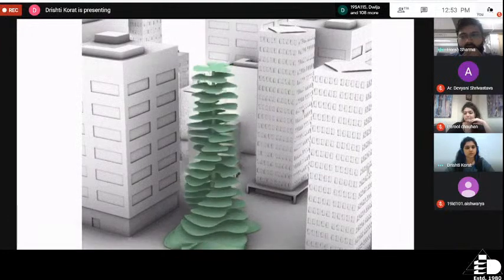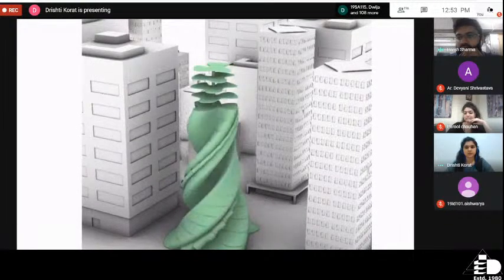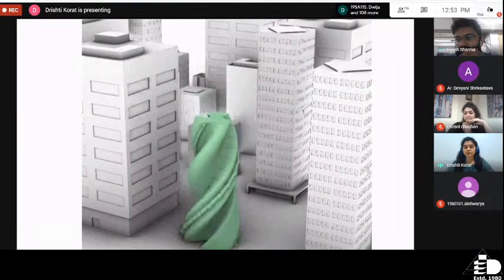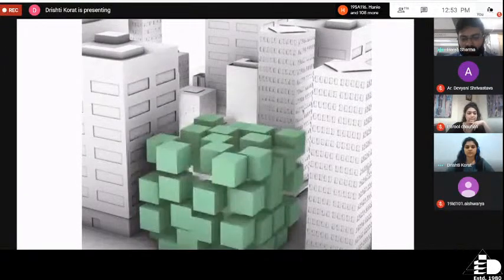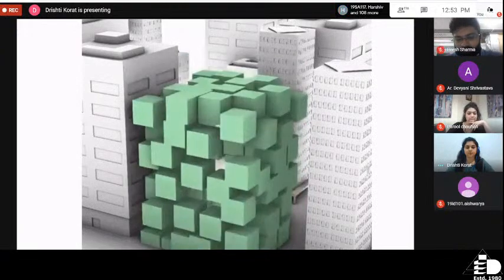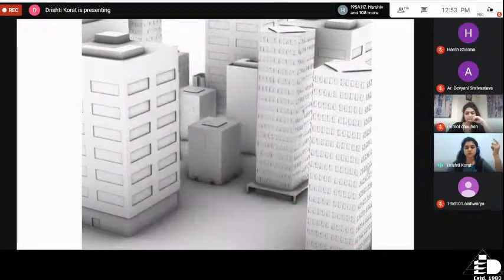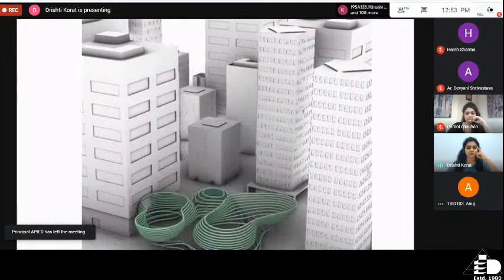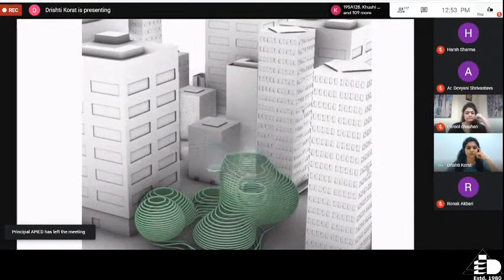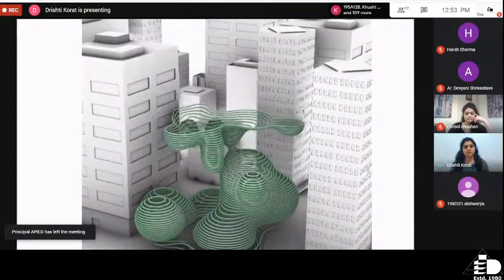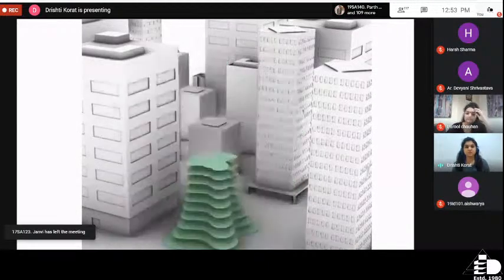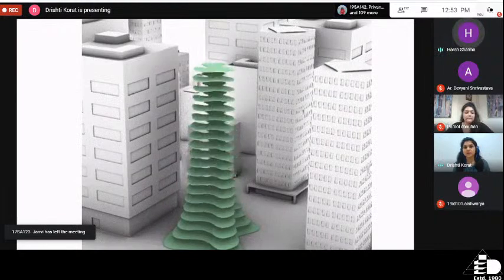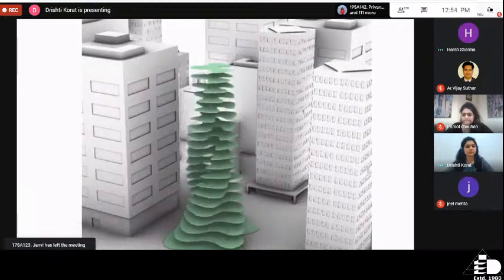If you can use your earphones, it would be better. I'm already on my headphones, so I'm not understanding why it is happening. Also, there seems to be a lot of disturbance. Now it's gone. Drishti, are you logged in from two devices?